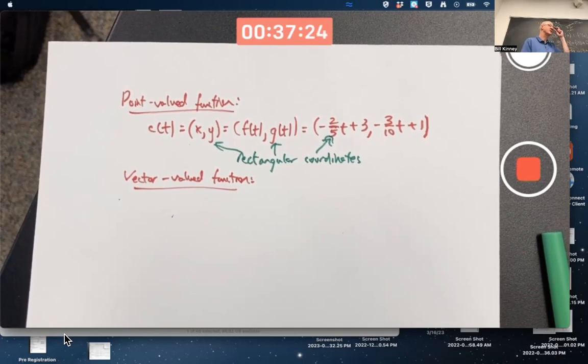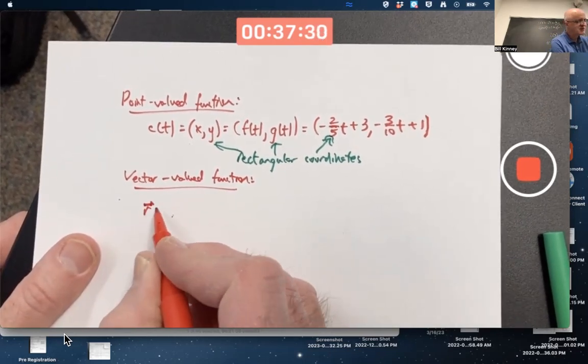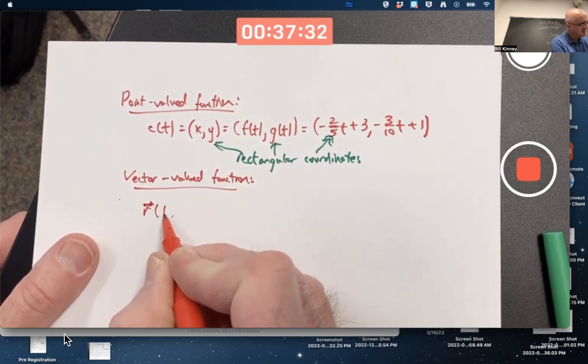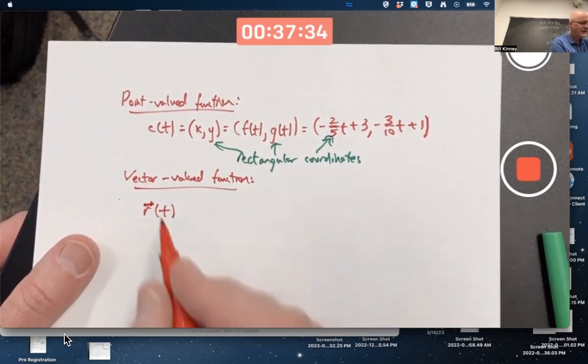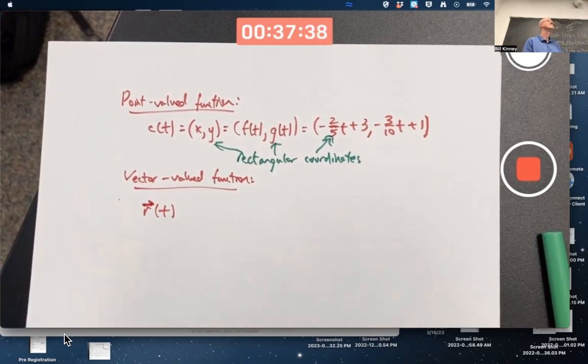However, it's somewhat traditional to use different notation. Somewhat traditional to use R with a little funny thing above it. What is that? That's a half arrow. It's supposed to represent a vector. What is a vector? Some of you know what vectors are and some of you don't.